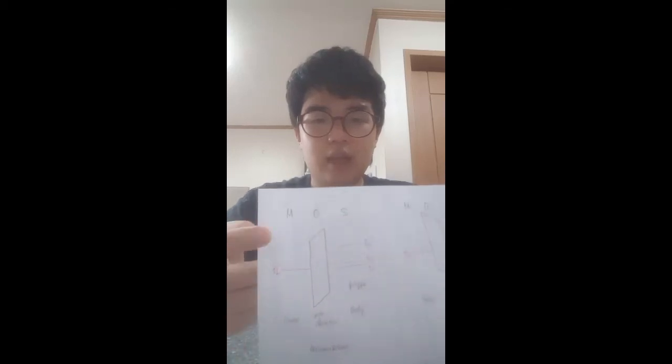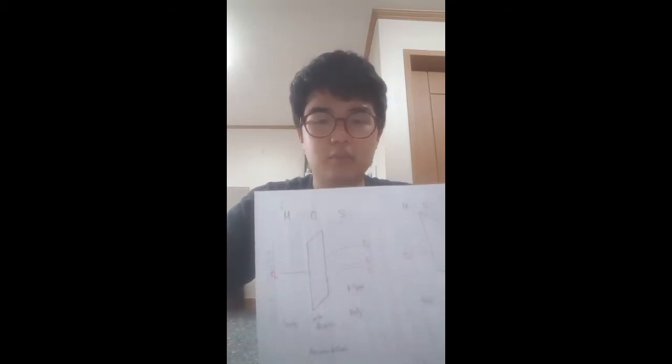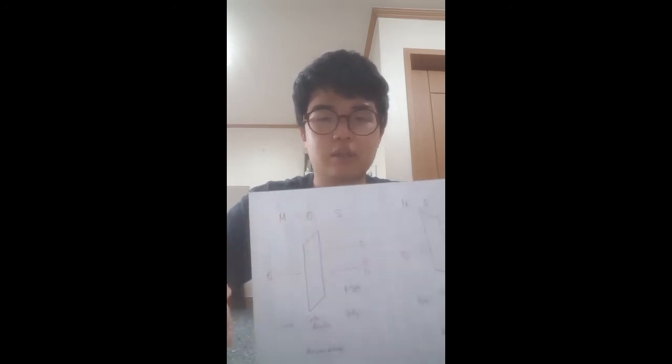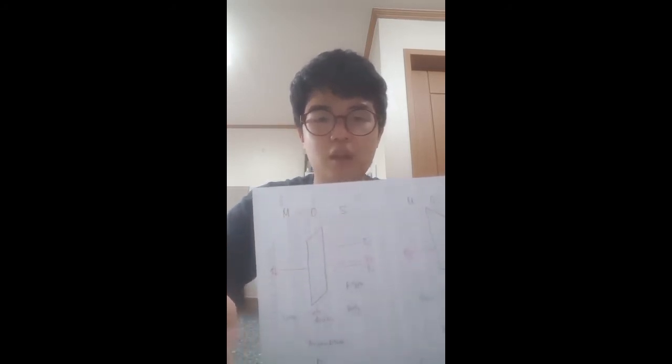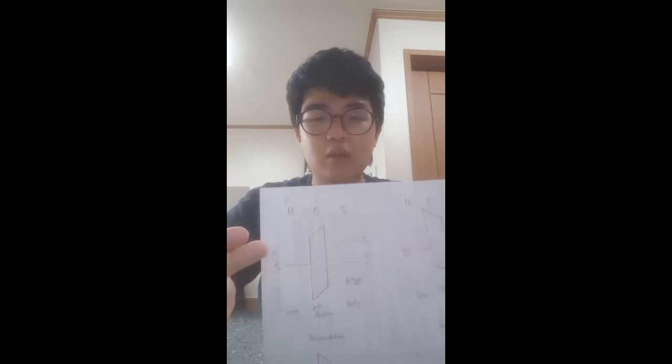Each letter in MOS capacitor stands for metal, oxide, and semiconductor. So a MOS capacitor means a capacitor made of metal, oxide, and semiconductor. For the metal part, we usually use metal or a heavily doped semiconductor, and we call this part the gate.